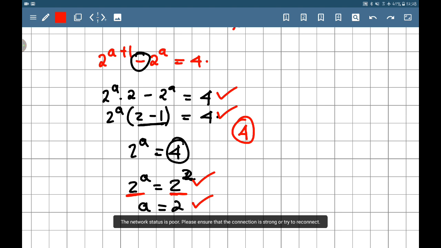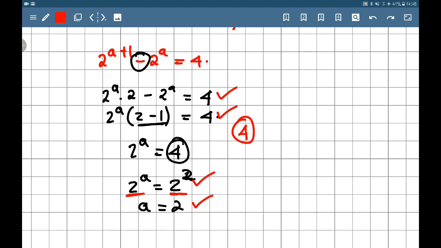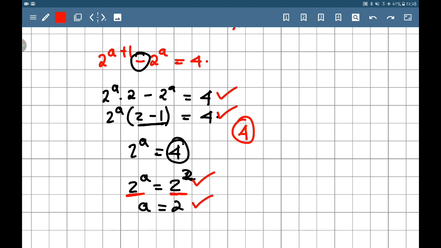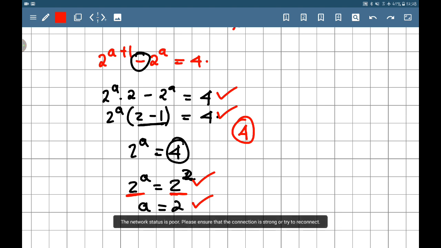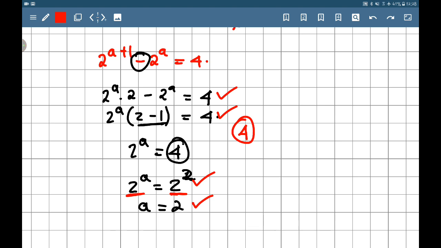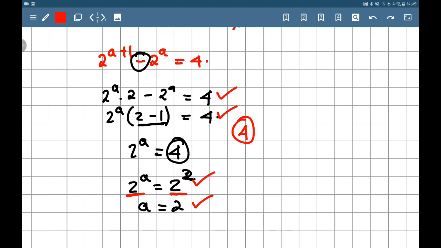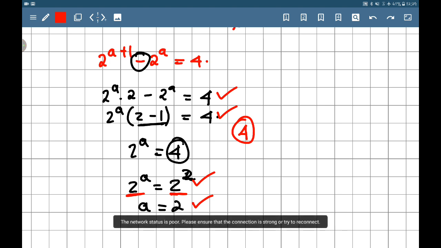Okay. So what if, for the first 2 marks, you already changed 4 to 2 to the power of 2? You can do that.